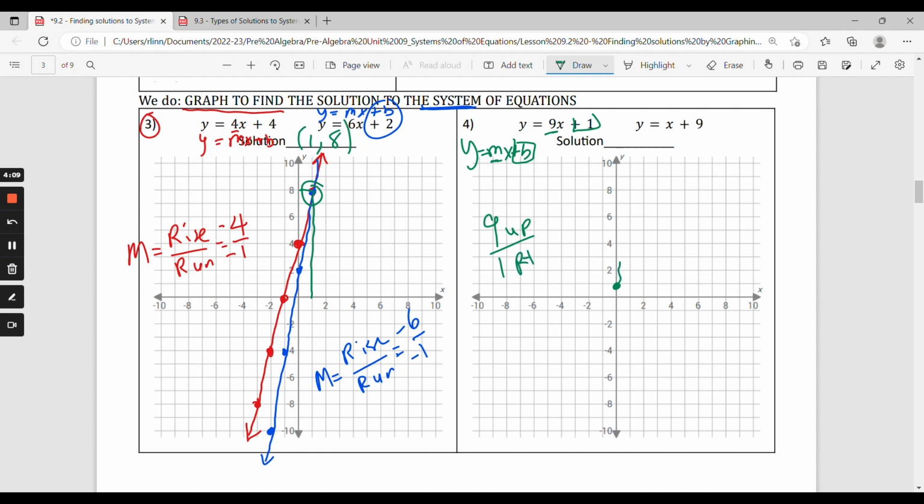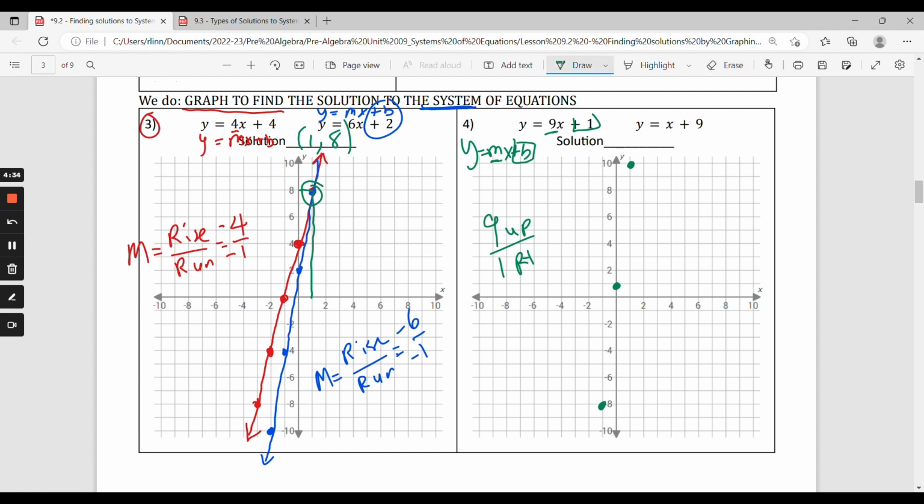I'm going to go up 1, 2, 3, 4, 5, 6, 7, 8, 9, and then 1 to the right. So I found my second point there. I'm going to go the opposite direction now, which means I'm going to count down 1, 2, 3, 4, 5, 6, 7, 8, 9, and then to the left 1. Find my point there.